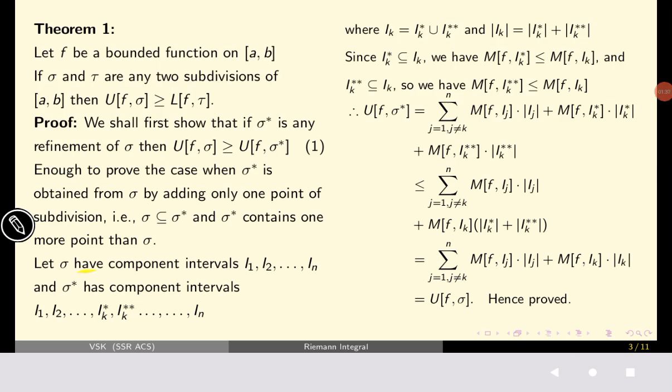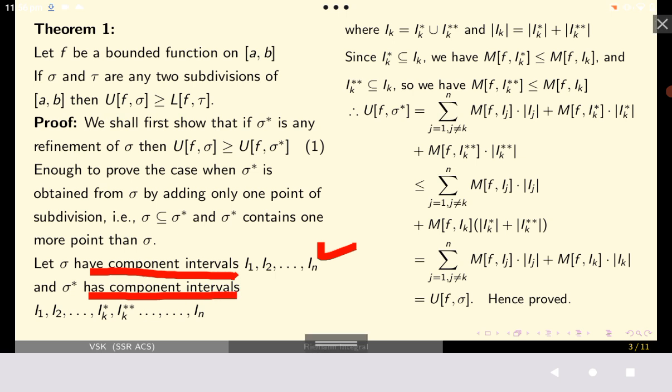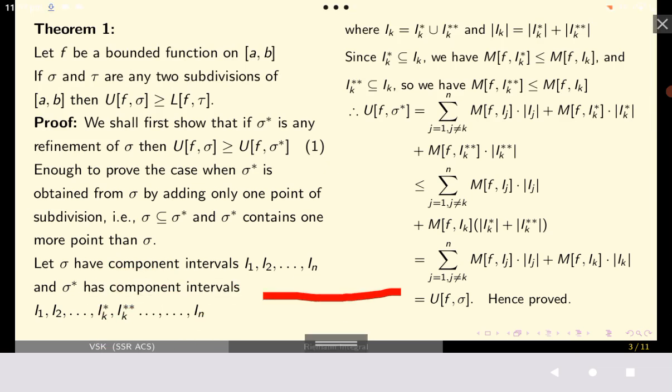Let sigma have component intervals, say I1, I2, ..., In, and sigma star has component intervals, say I1, I2, ..., Ik star, Ik double star, ..., and In. So what we did here, we divided this interval Ik into two parts.